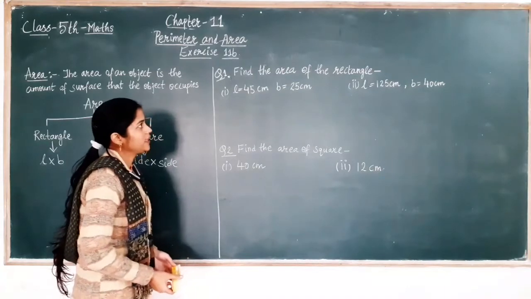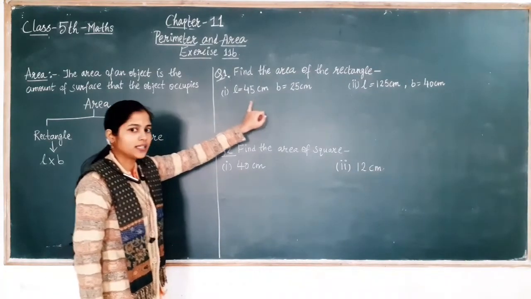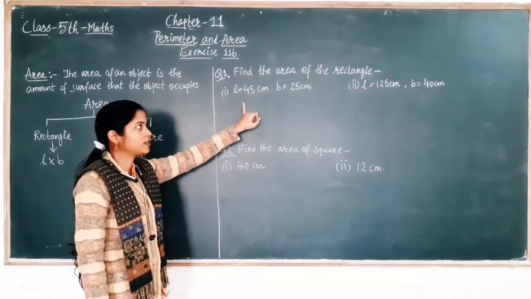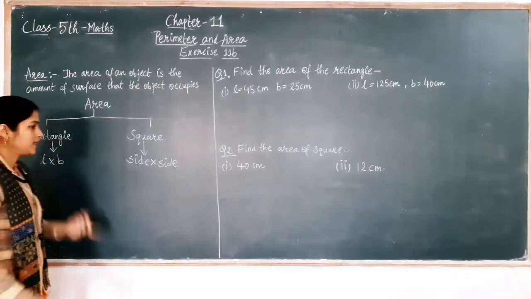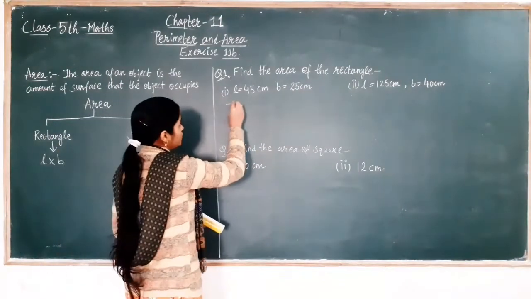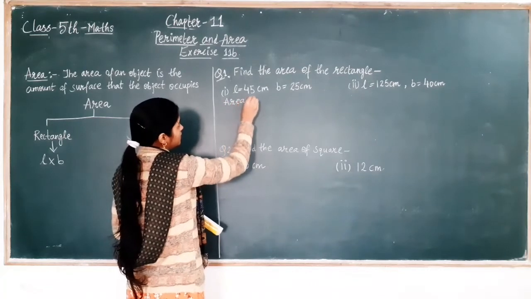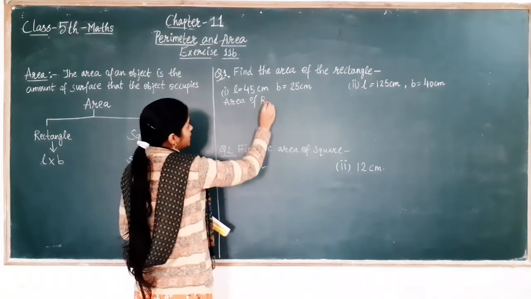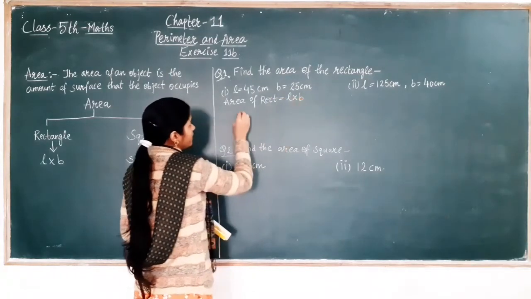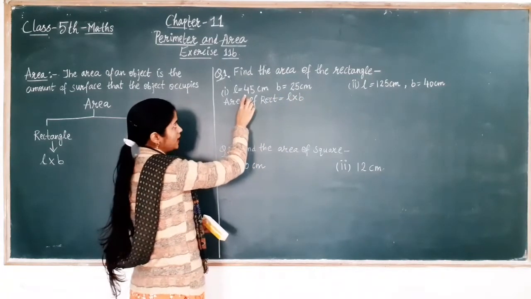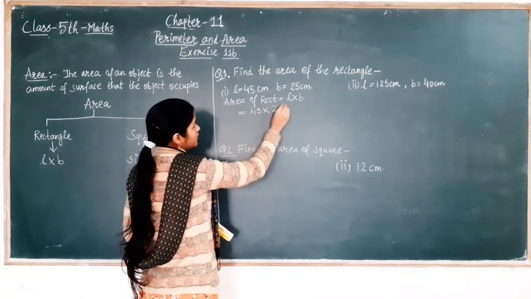First question is to find the area of the following rectangle. We have been given the length and the breadth, so we can easily find the area of the rectangle by using the formula L into B. Area of rectangle is equal to L into B. The length given is 45 and the breadth is 25.